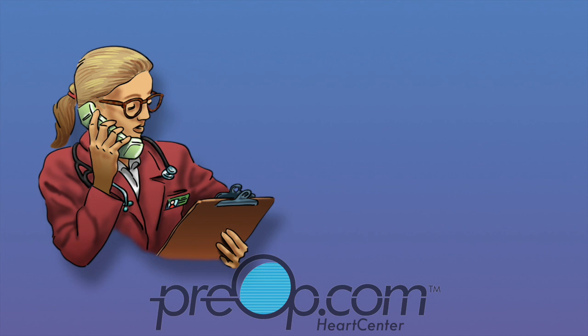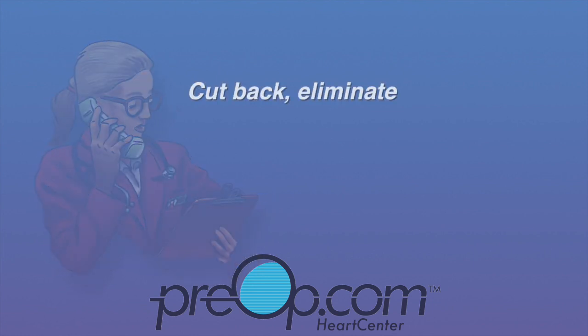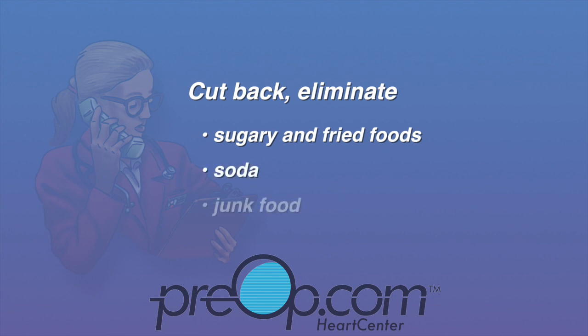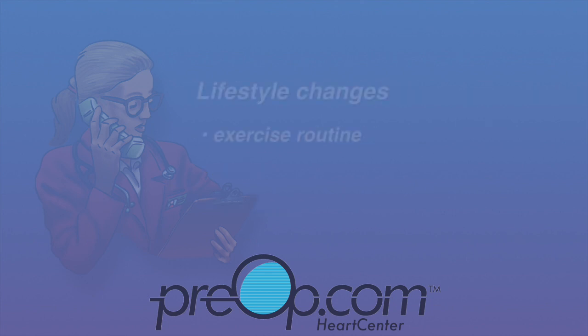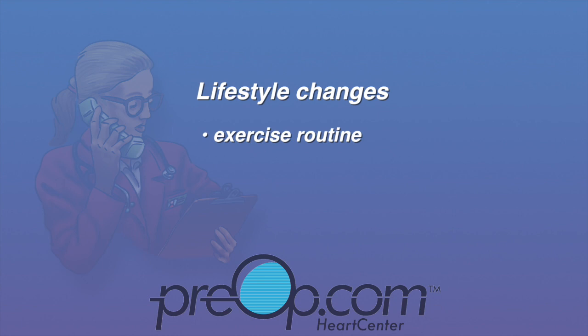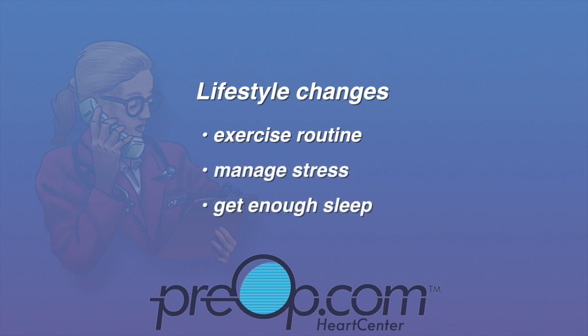Coronary artery bypass surgery is not a cure for heart disease. Keeping your heart healthy depends on lifestyle changes that can include simple dietary changes, like cutting back or eliminating sugary and fried foods, soda, and junk food. You may need to start an exercise routine and find ways to manage your stress. Get enough sleep.